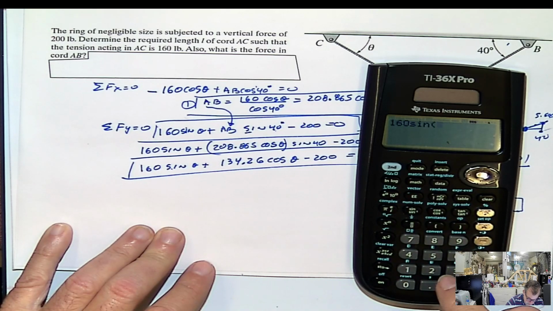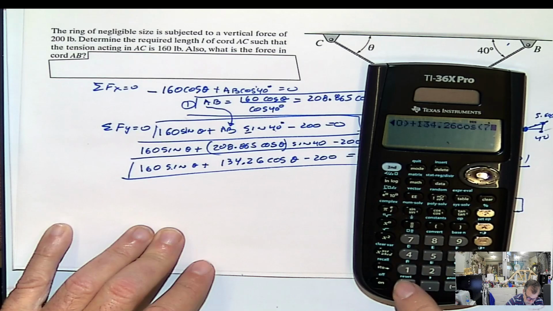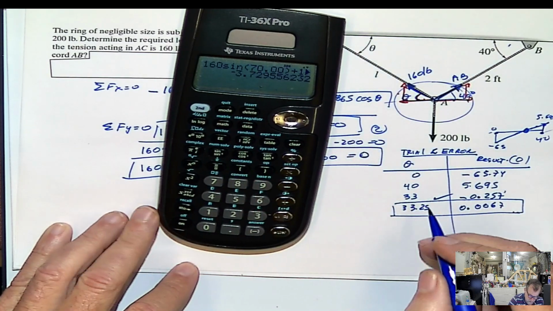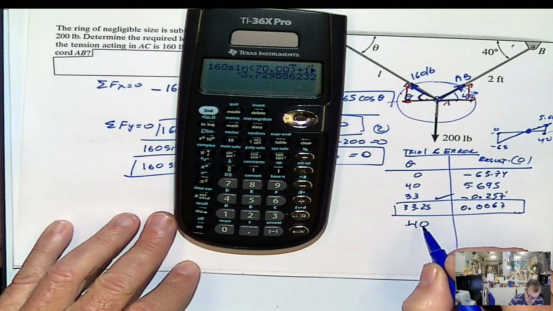Sine 70, plus 134.26 cosine 70 minus 200. If I try 70, I get negative 3.73.